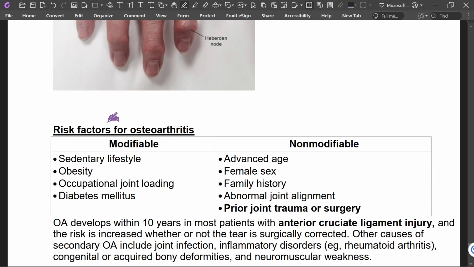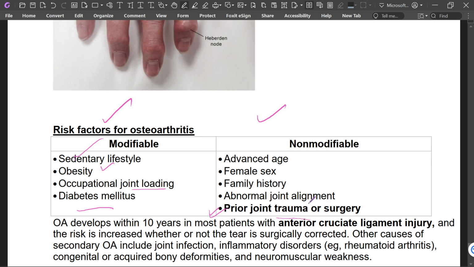Risk factors for osteoarthritis: modifiable ones are sedentary lifestyle, obesity, occupational joint loading, and diabetes. Non-modifiable ones are advanced age, female sex, family history, abnormal joint alignment, and prior trauma or surgery.